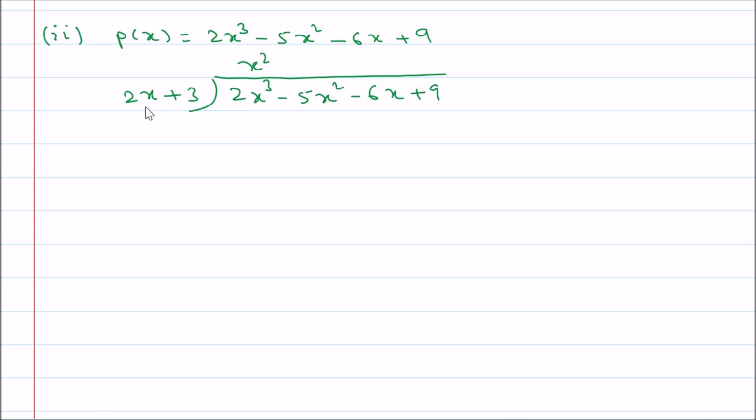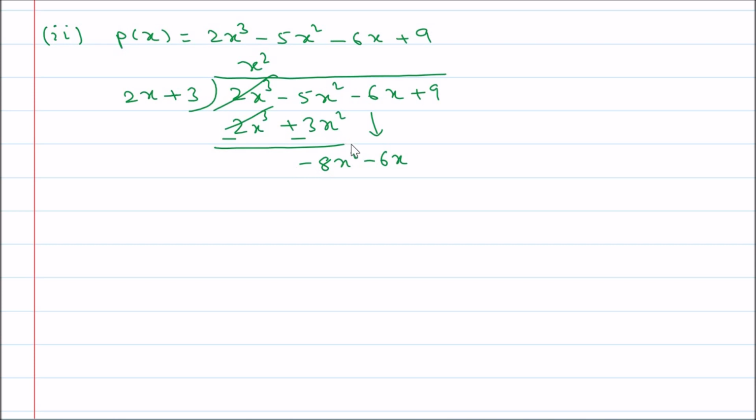Let us multiply x square by 2x, so 2x cube plus 3x square. Minus cancelled out. We are left with minus 8x square, bring down minus 6x.